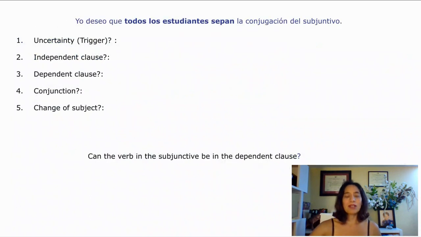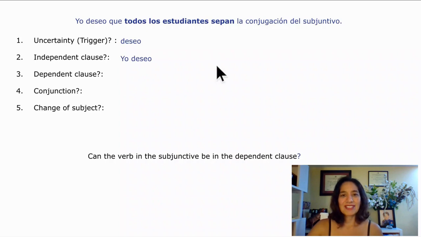Very good. So now let's review this again in this format. Is there uncertainty? Yes, because the verb to wish doesn't mean that something is going to happen, right? So there is uncertainty right there that triggers the subjunctive. Is there an independent clause? Sí? No? What is it?